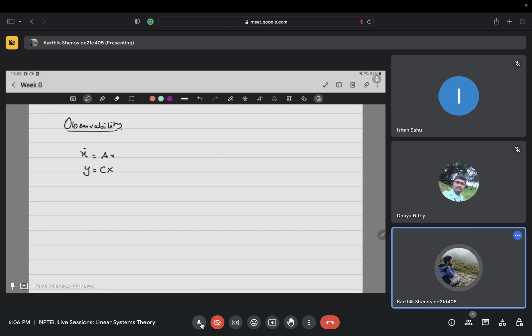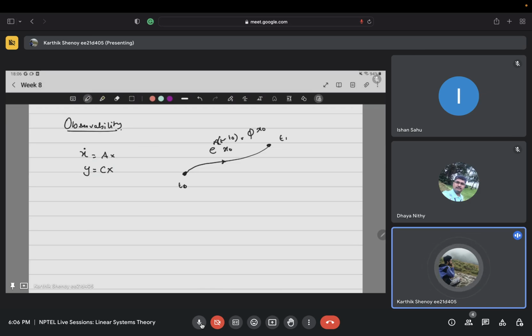Observability means, let's say you have a trajectory from t0 to t1. What is this trajectory given by? e raised to A(t minus t0) x naught. This is my trajectory, that is essentially my phi times x naught.